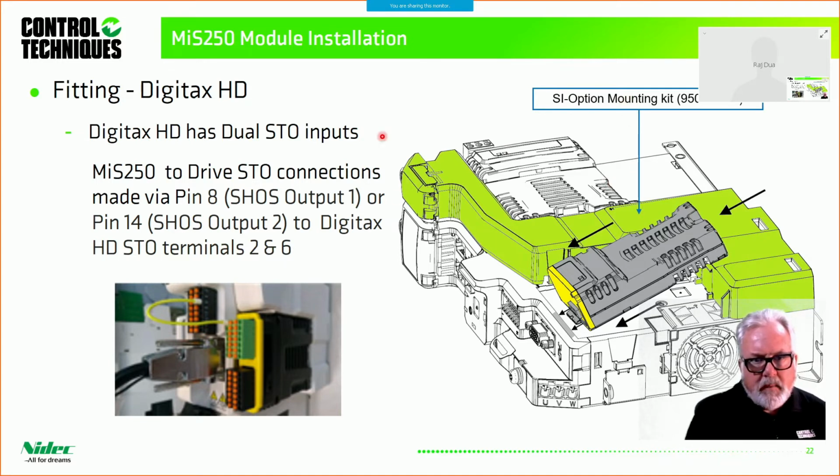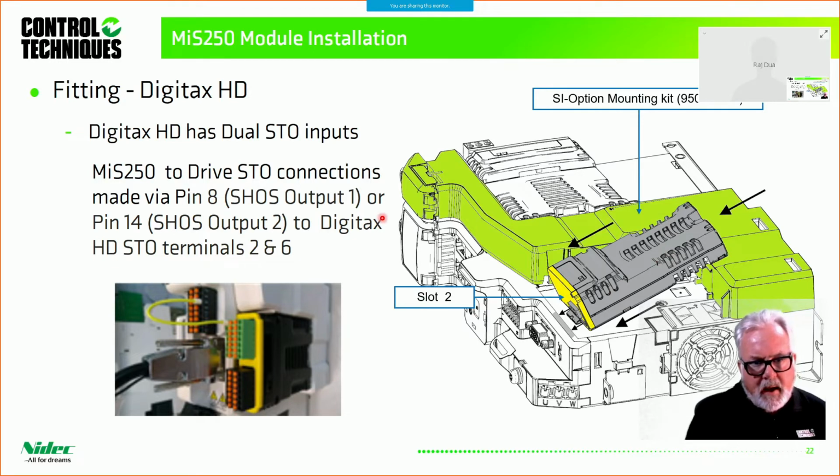So you'll need that. And then the MIS module is designed to be fitted into slot 2. Slot 1 has the bottom side of the expansion module pointing upwards. Slot 2 has the connector pointing forwards towards you as you're looking at it.